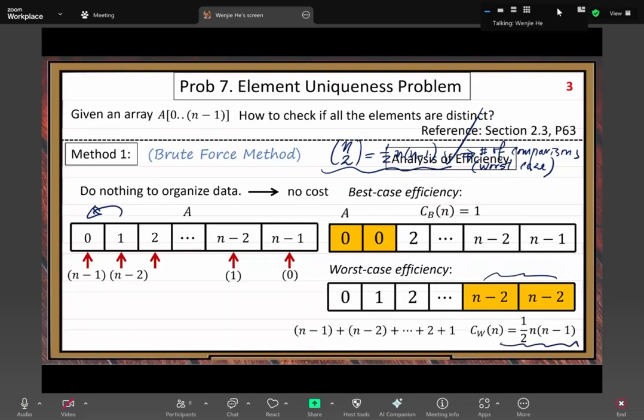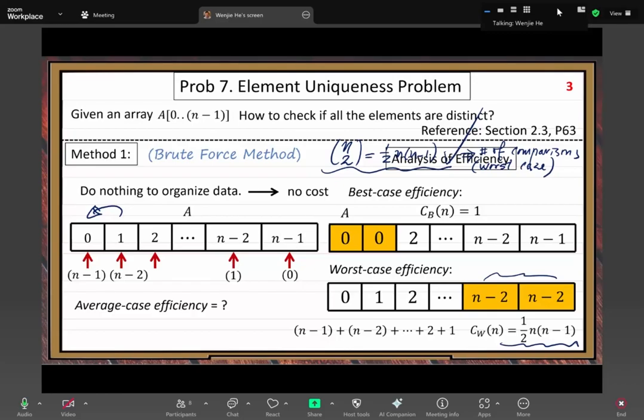Our next method, we want to do slightly differently. Average case, you can think about it. Remember we did a linear search question. In that question, when we do the average case, we need an assumption on the probability.